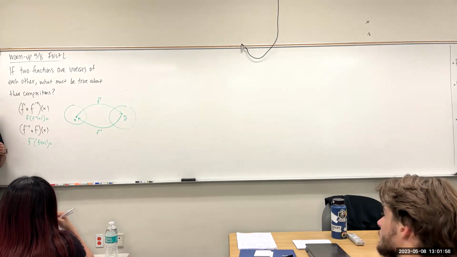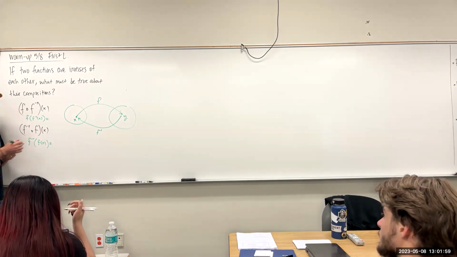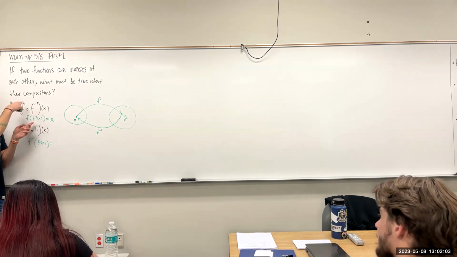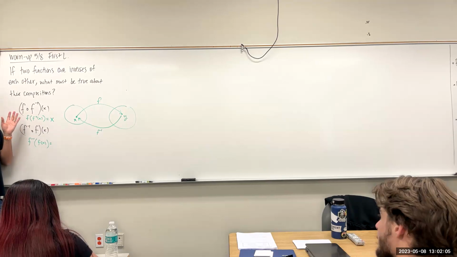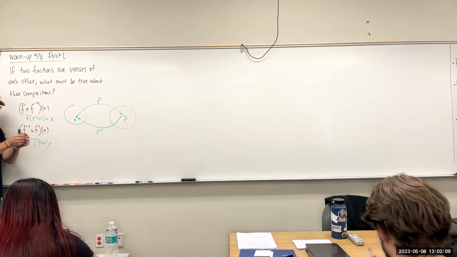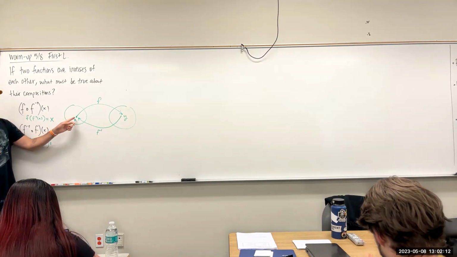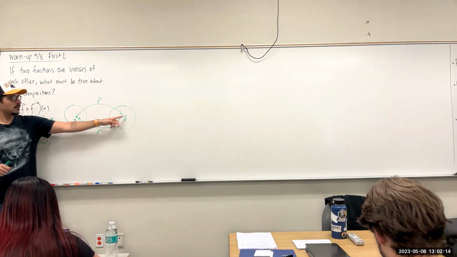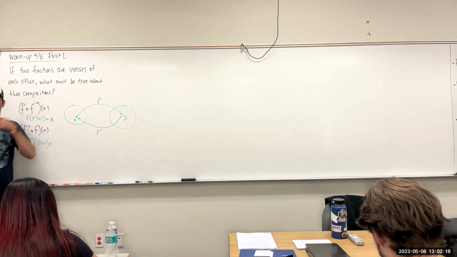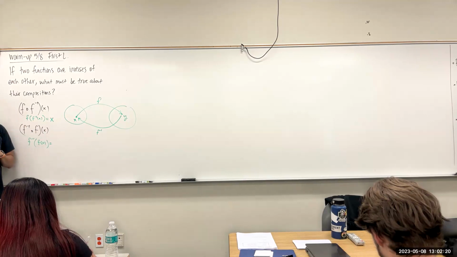It'll always equal X. Basically, whatever the function looks like for F or F inverse, when they get composed with one another, they always reduce to X. That's because whatever I plug into F, when I plug it into the inverse, it undoes all the operations and gives you back X.